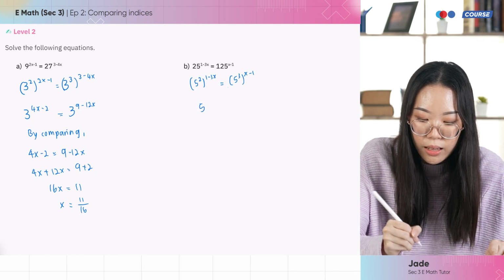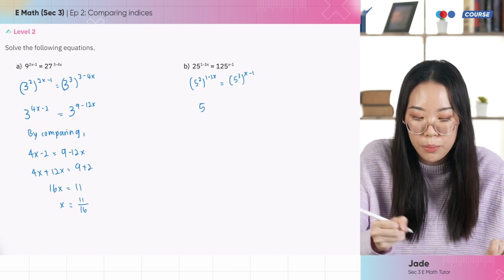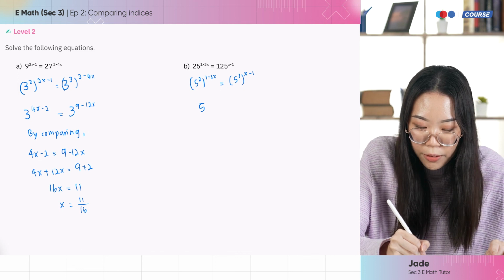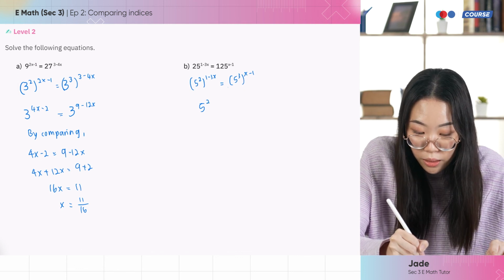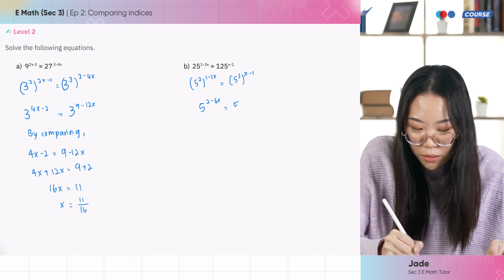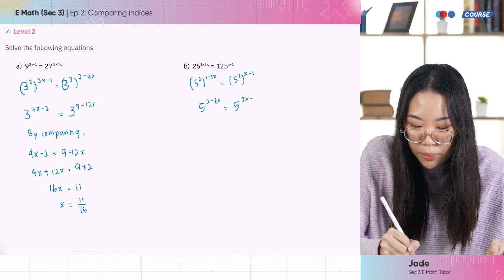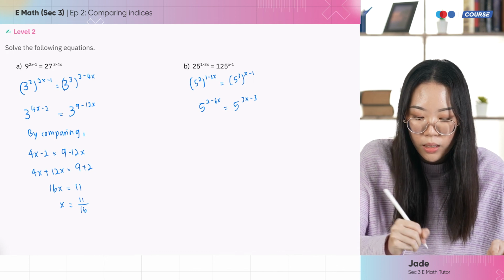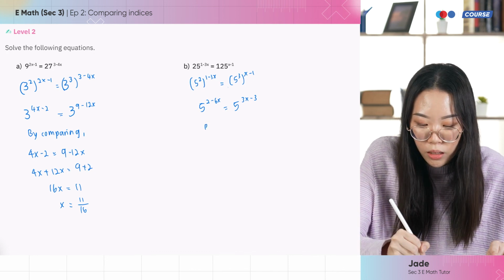Next, we can simplify the powers outside the bracket. So we have 5 to the power of 2 minus 6x equals base 5 to the power of 3x minus 3. Now the bases are the same, we can compare.